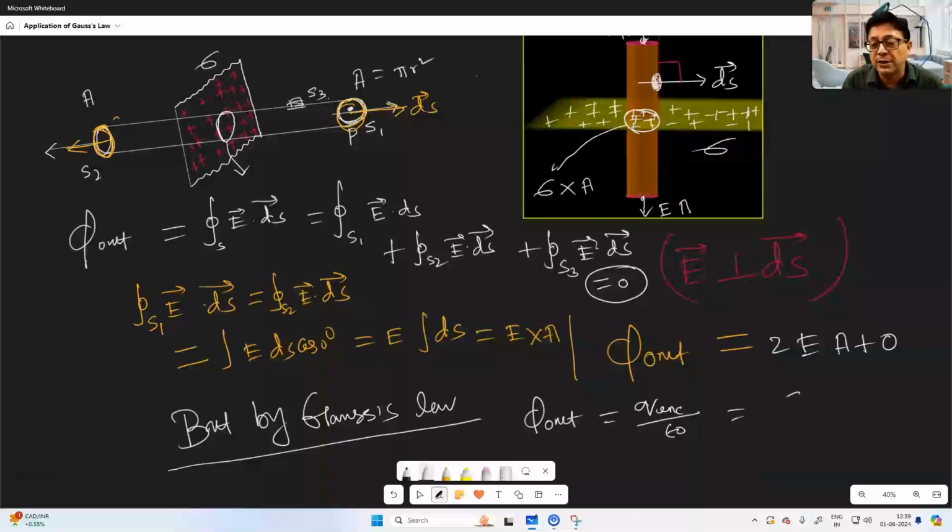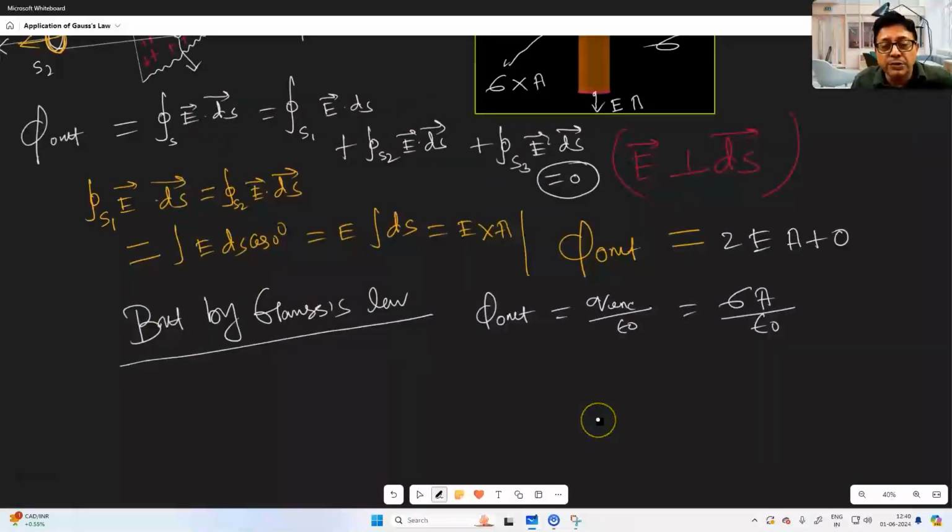How much charge is enclosed over there? This portion, sigma into A. Both ways, it has no thickness. So from this side it appears as sigma A, from that side also it is sigma into A. Clear? Now compare these two. So phi out, if you compare, what do you get?